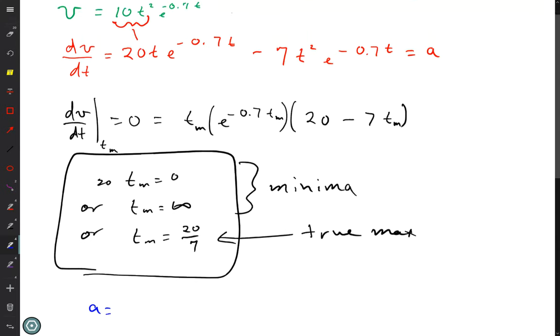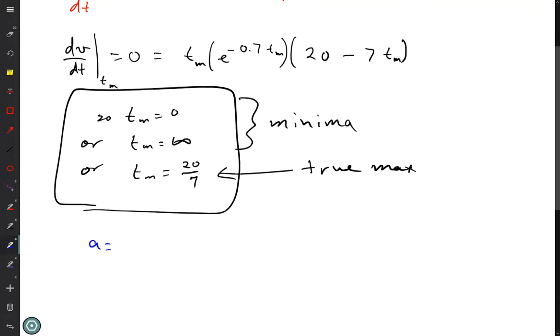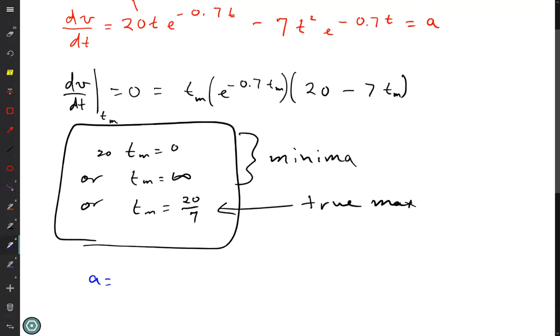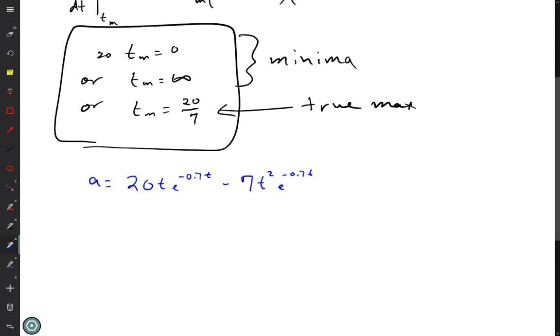trying to look at my function. Yeah, only 2 terms. It looked like 3 at first. So there's the acceleration. So if I want to find when the acceleration is the greatest, and I'm going to call this time B because I don't want to use M again.